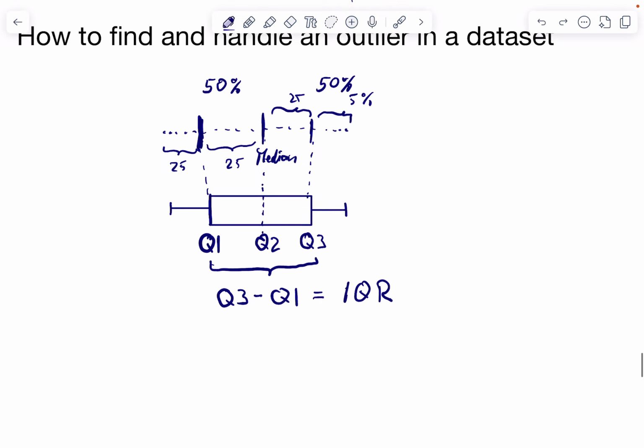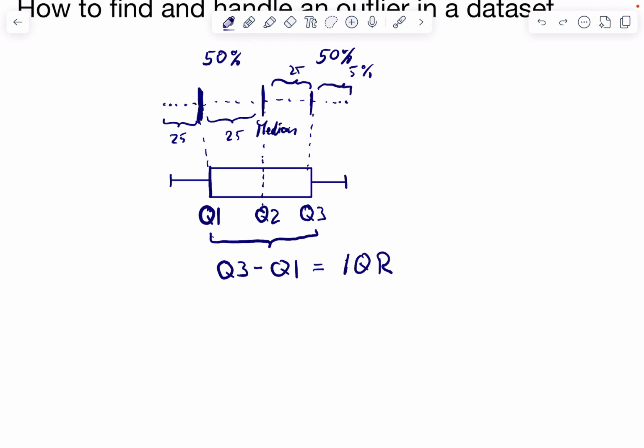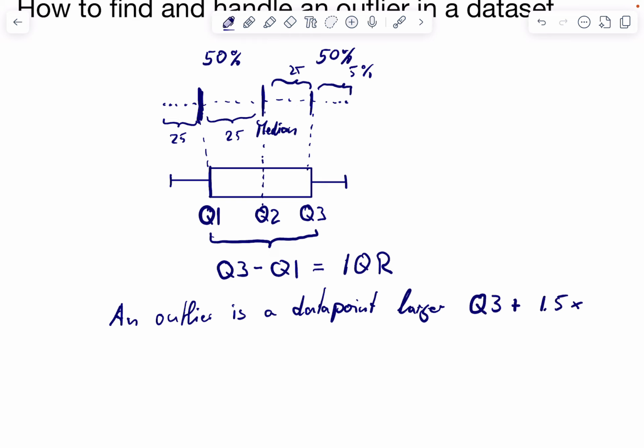And it is common practice to say an outlier is a data point that is either larger than Q3 plus 1.5 times the IQR, or smaller than Q1 minus 1.5 times the IQR.